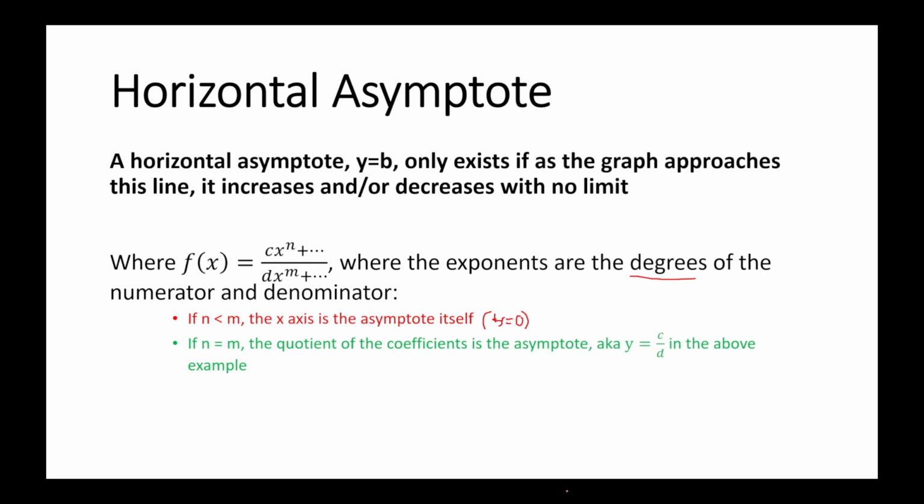Okay, next case that I already have here. If the two equal each other, this is the more complicated case. If your degrees are the same, then your asymptote is going to equal C divided by D. C is the coefficient next to the x term that has the highest exponent in the numerator, and D will be the coefficient of the x term that has the highest exponent in the denominator.